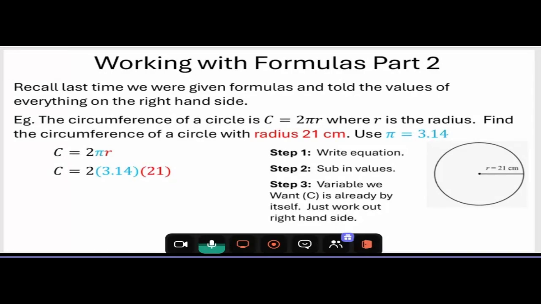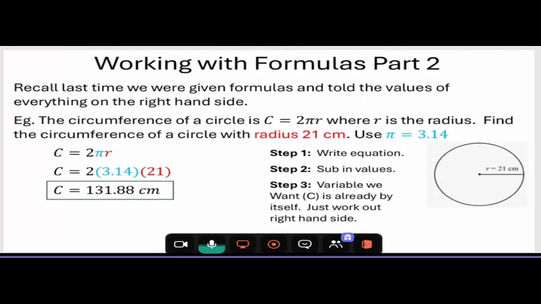And then, because the C is already by itself, C for circumference of the circle, we can just work out that right-hand side of the equation. That's a multiplication. We now are allowed calculators for this once we're into this chapter in the course. So we're just going to go 2 times 3.14 times 21 on our calculator and get 131.88 centimeters.